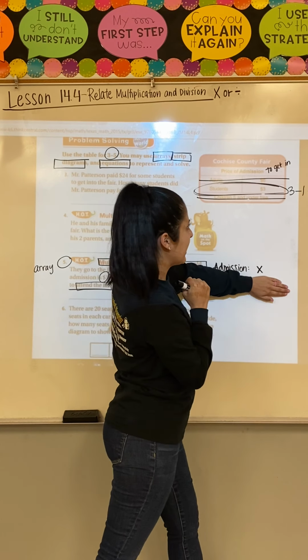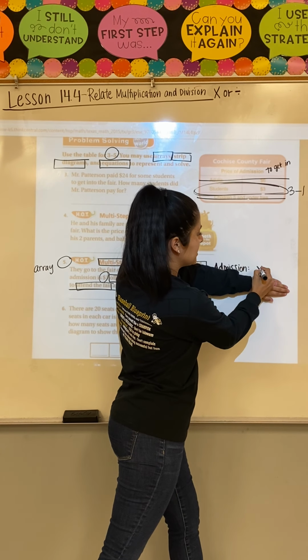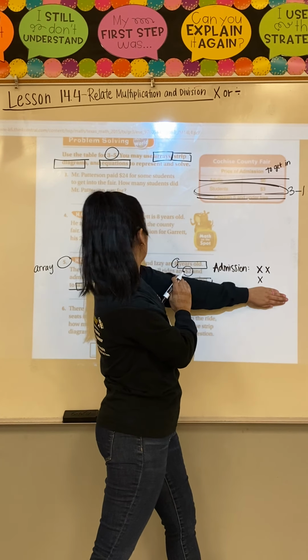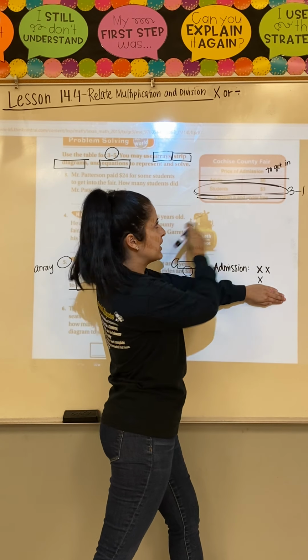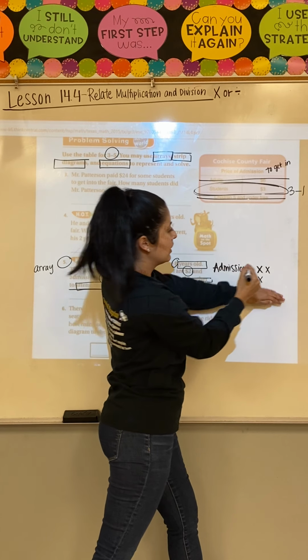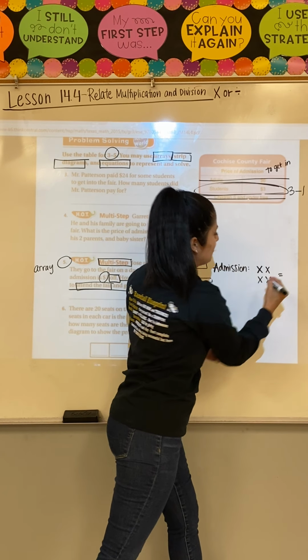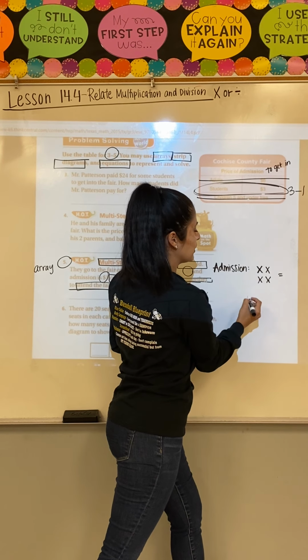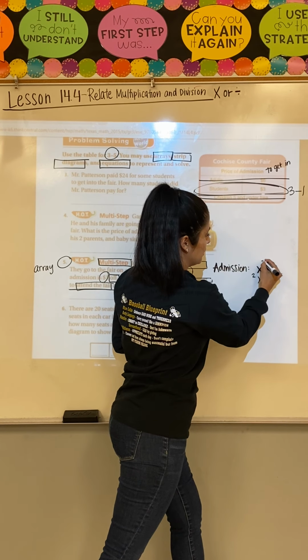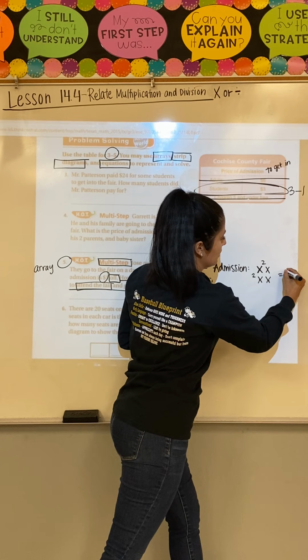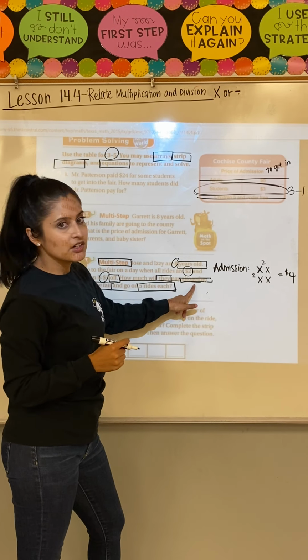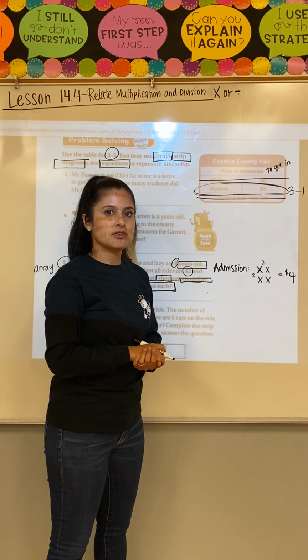So Jose, the price for him to get in is $2. Well, Izzy, the price for Izzy to get in is also $2. How many objects do we have here? 1, 2, 3, 4. Or 2 times 2. Okay, so we know that for the both of them together to get in is $4.